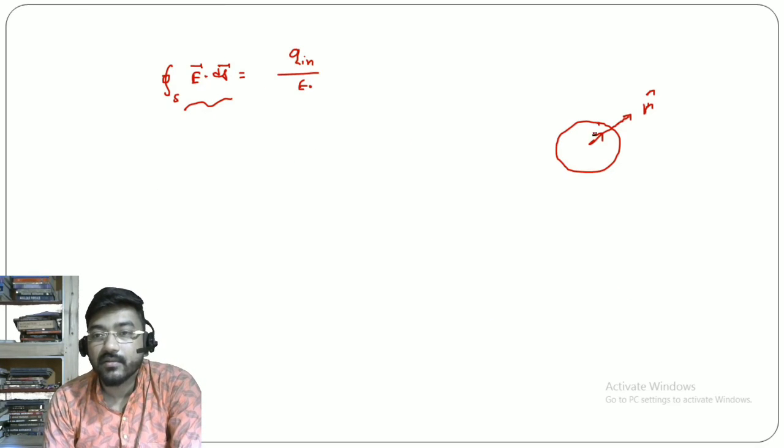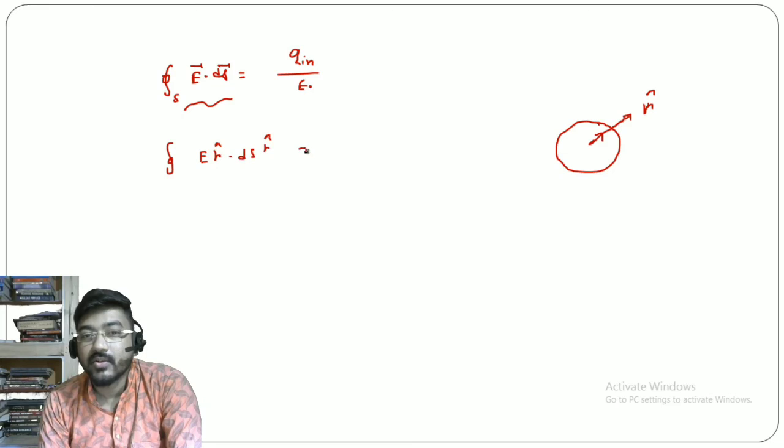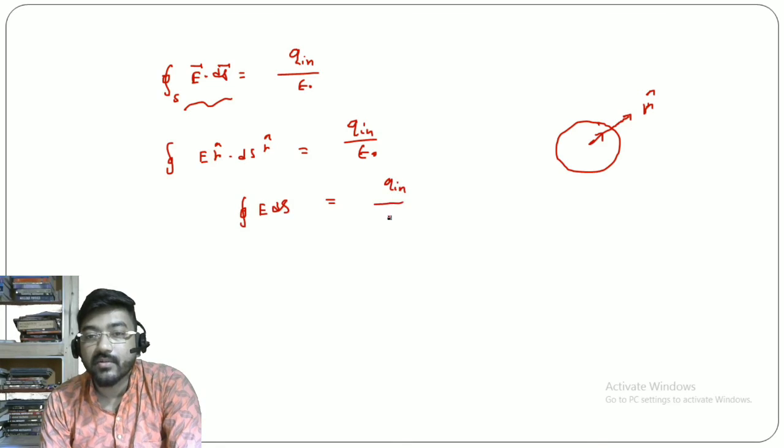E dot ds means E r cap dot ds r cap. So the closed integral of E r cap dot ds r cap is equal to Q inside upon epsilon zero. This r cap dot r cap will be 1, so the closed integral of E ds will be Q inside upon epsilon zero.